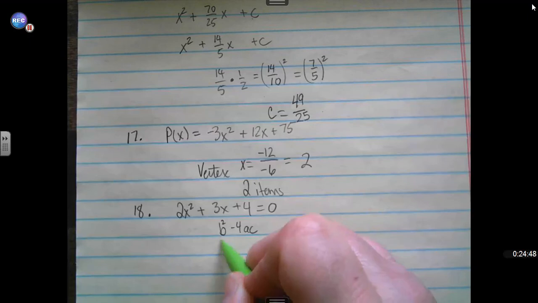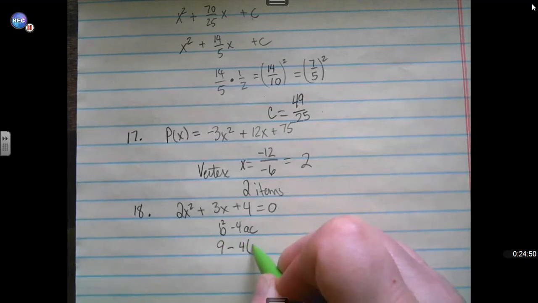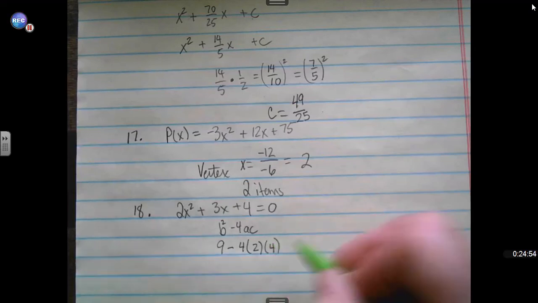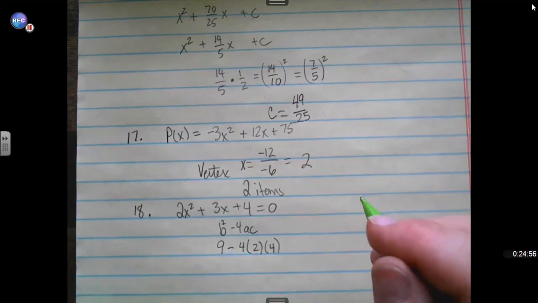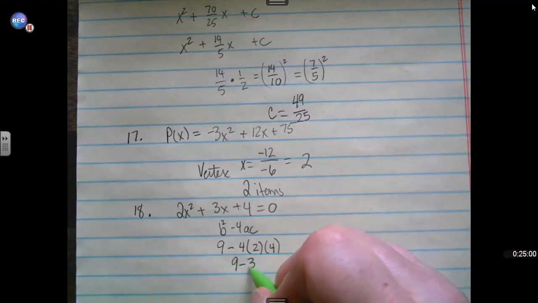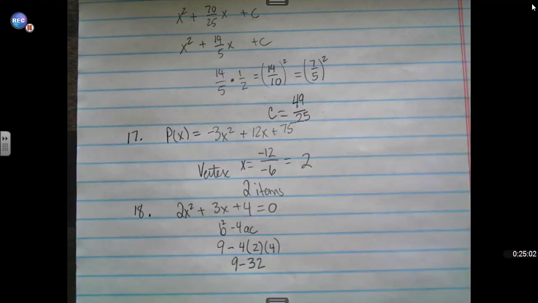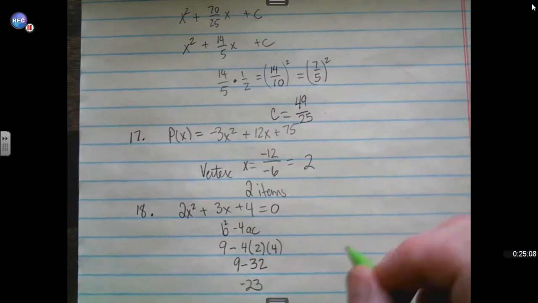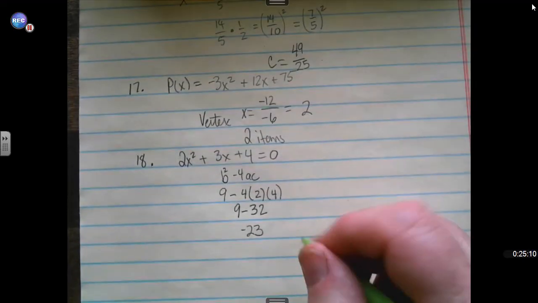So that's going to give us 9 minus 4 times 2 times 4, or 9 minus 32, I think. And 9 minus 32 is negative 23. So the discriminant is negative 23.